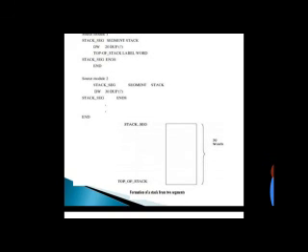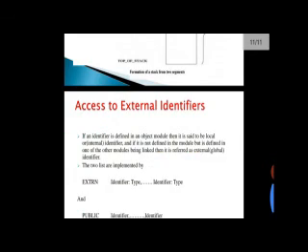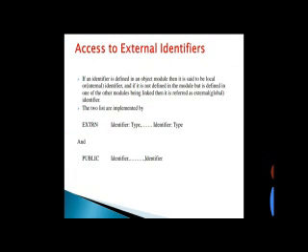Okay. Then the next one is access to external identifiers. What does external mean? If an identifier is not defined in the module but is defined in the other modules being linked, then it is called an external identifier. The external identifiers are implemented by means of the form: extrn identifier:type, and public is declared as public, space, identifier.